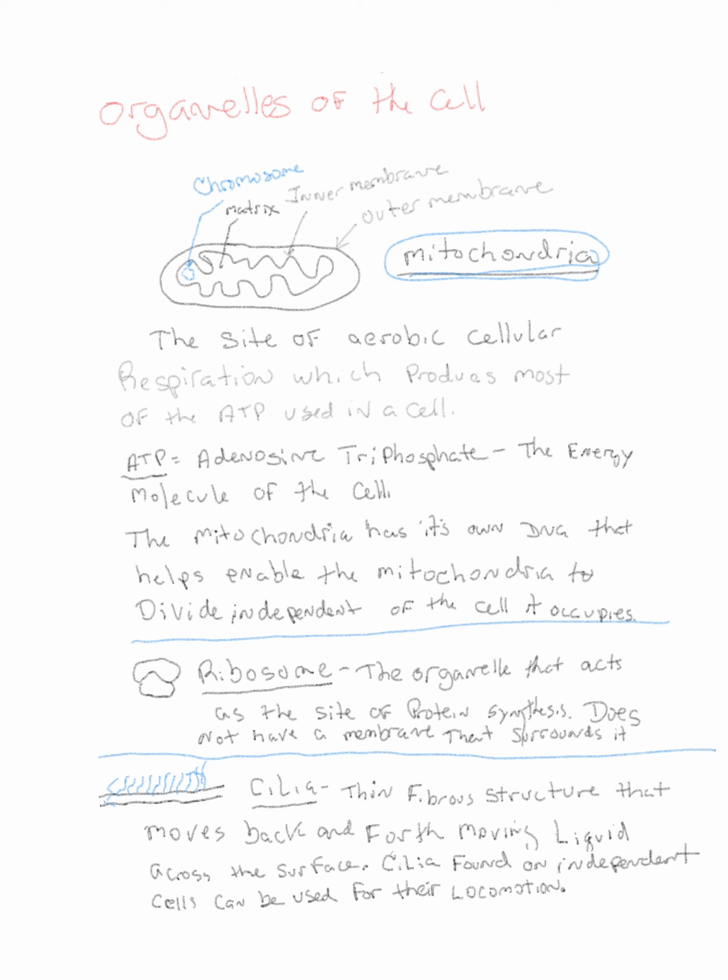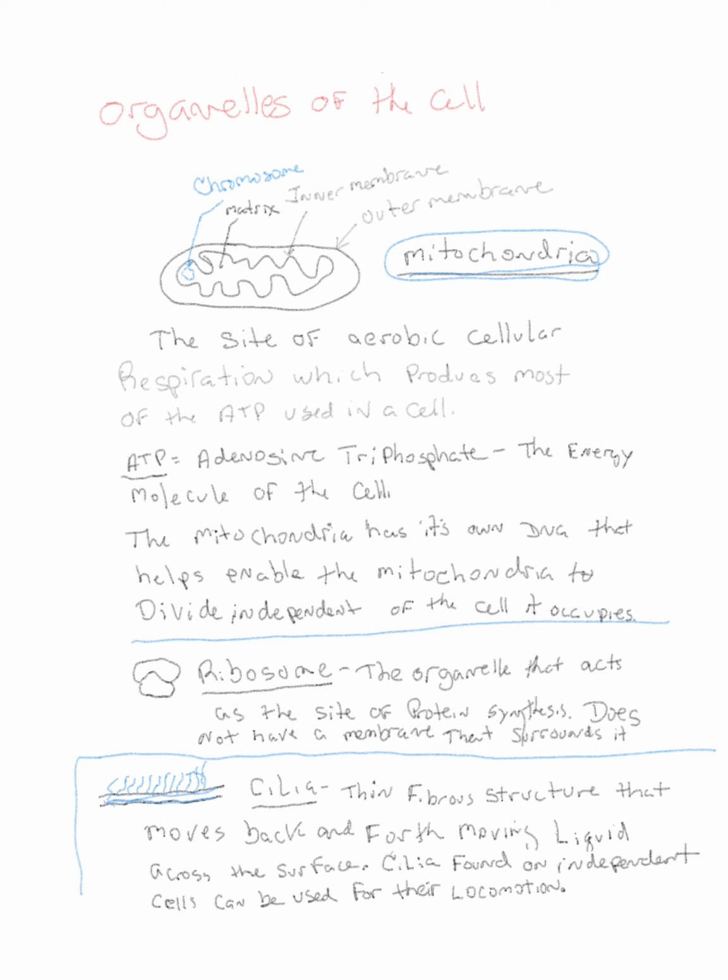Now, down here at the bottom of the page, I drew a picture. This part here is the cell membrane, and these little blue hair-like structures from there are cilia. They're often described as thin fibrous structures that move back and forth. When they do that, they move liquid across the surface of the cell.